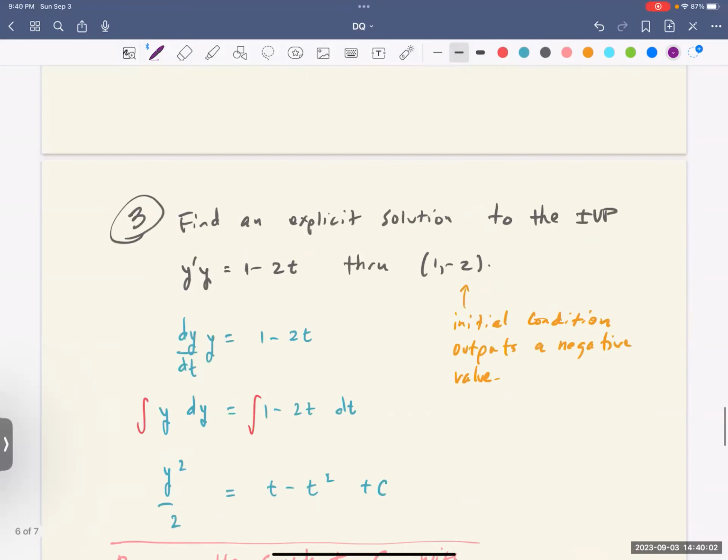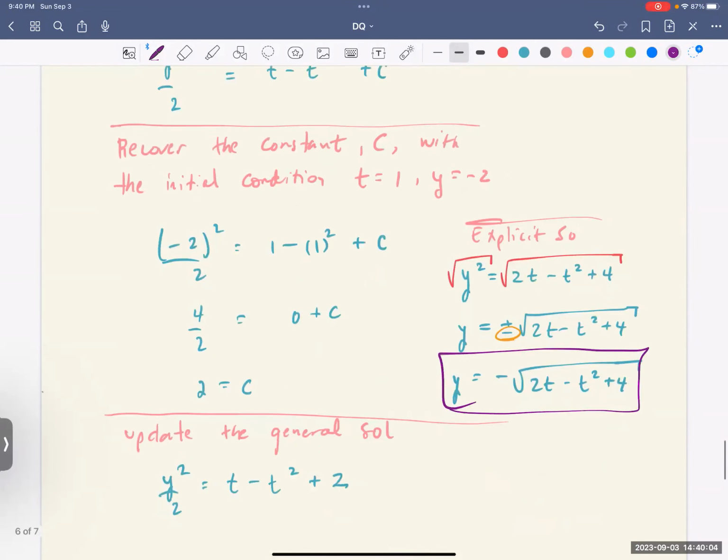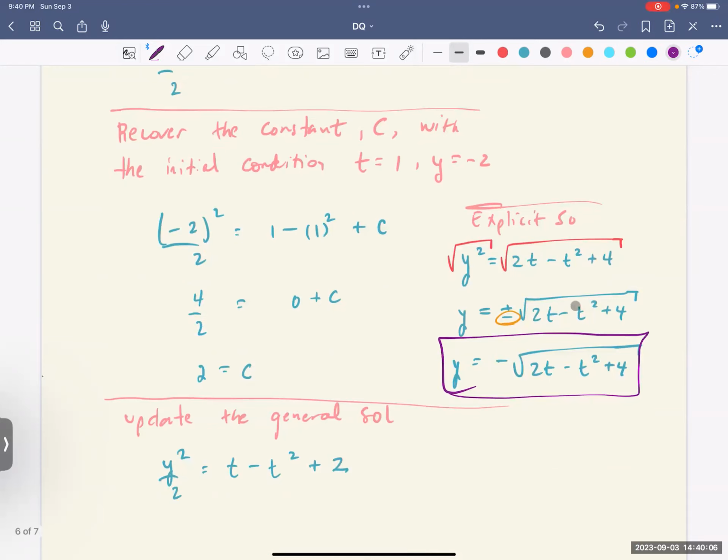If we plugged in a 1 into our solution, that's 2 minus 1, that's 1 plus 4, and when we get a root of 5, we want it to be negative, so we need the negative sign out front.